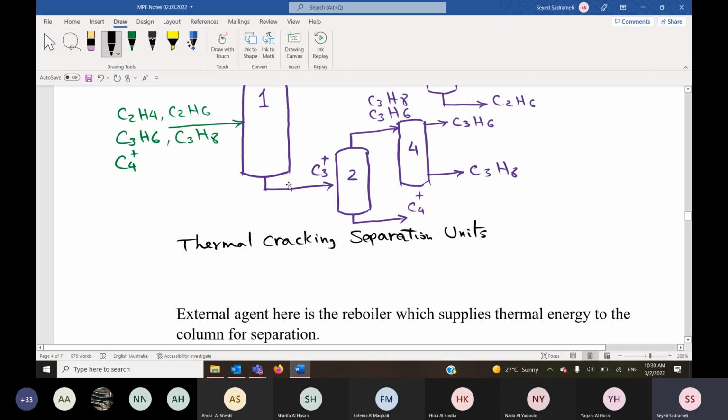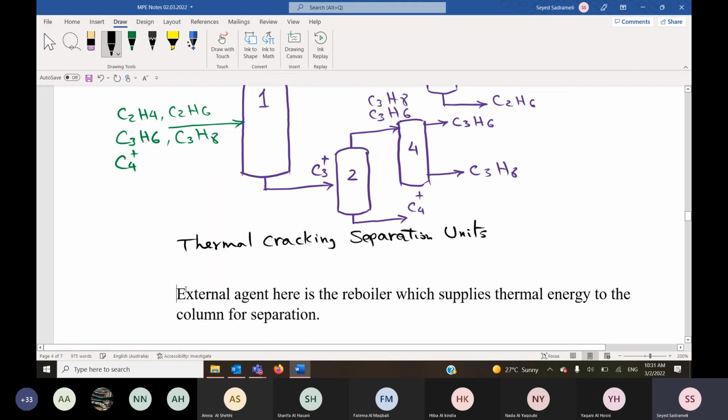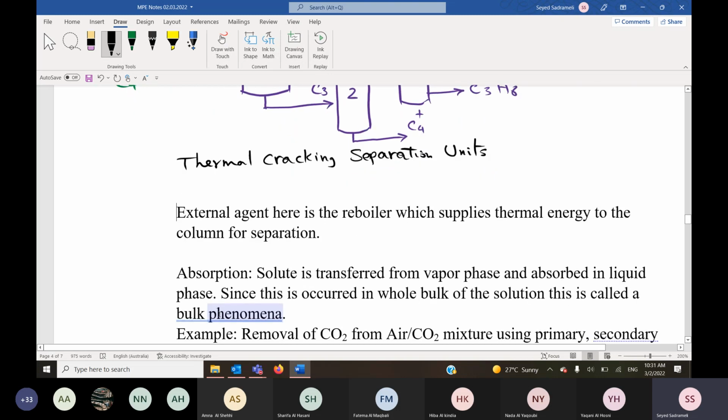So we boil the bottom product, and then you can send it back to the column again for separation. So the external energy here is the reboiler, which supplies thermal energy to the column for separation.